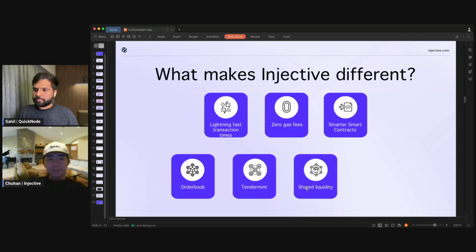The next very good feature is shared liquidity, which maybe is not easy to understand, but I will give an example to explain this. In the Injective ecosystem, the different DApps can benefit from the shared liquidity feature. Just imagine there are two DApps, like Helix and maybe Mito.